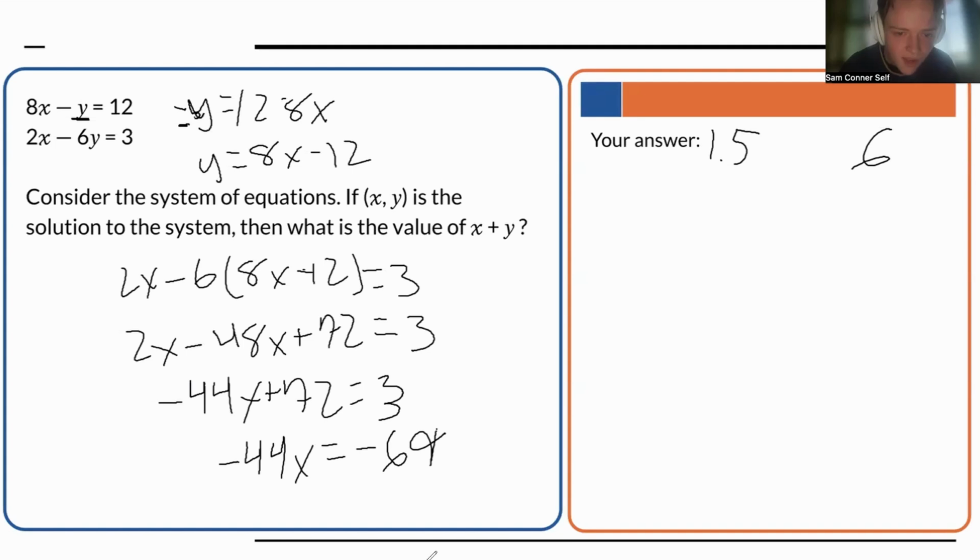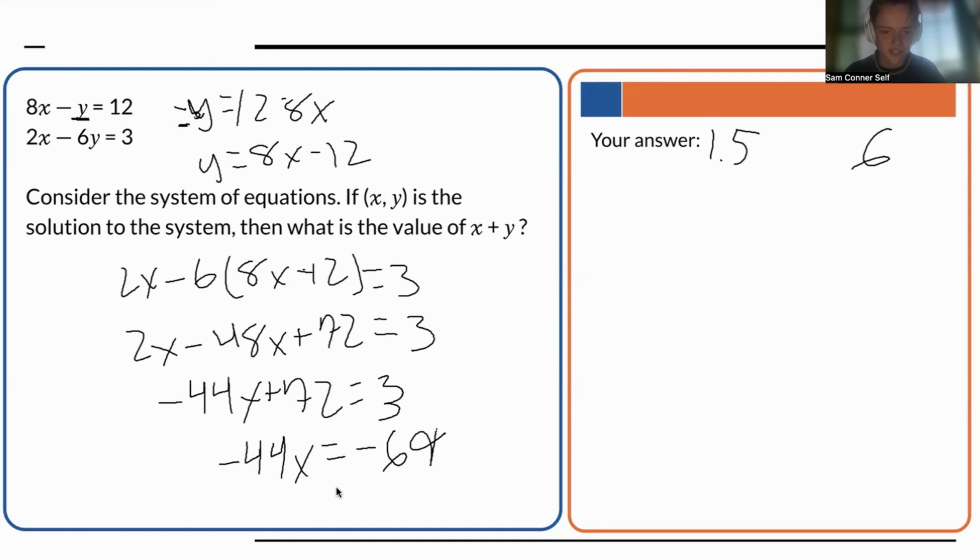All right, so this isn't giving me a crazy nice answer. Let's just go back and make sure I didn't make any mistakes. Plus 72. Okay. Yep. So 1.5. Okay.